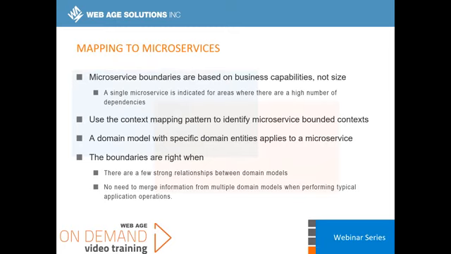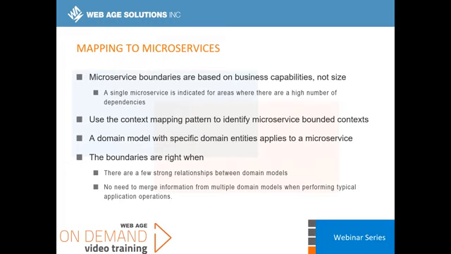So when we map all of that to microservices, the microservice boundaries are now based on business capabilities. They're not based on size or any other kind of mechanism or mapping. So we've got a single microservice for an area where there are a high number of dependencies.